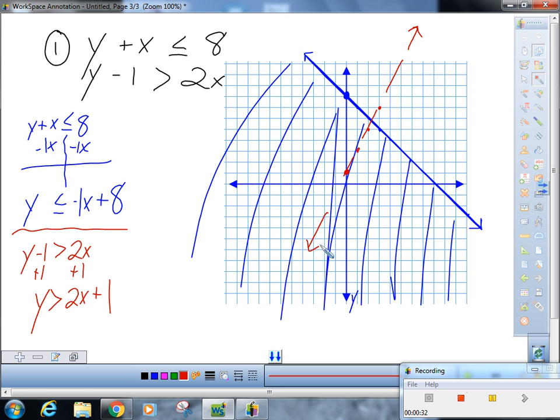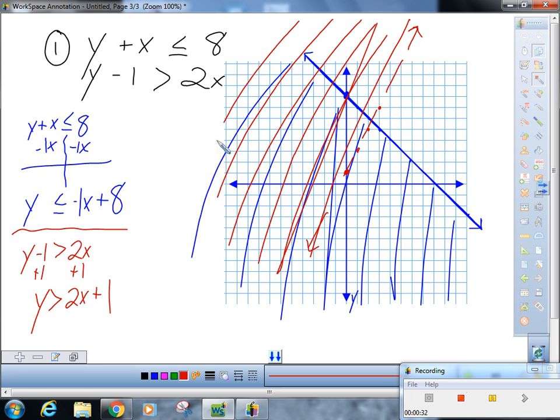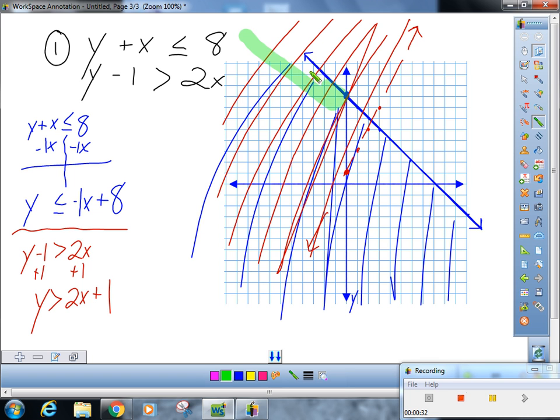And we want everything above that line. Okay? And now the solutions would be everything that is both red and blue. Man, that's really challenging to see that red line.